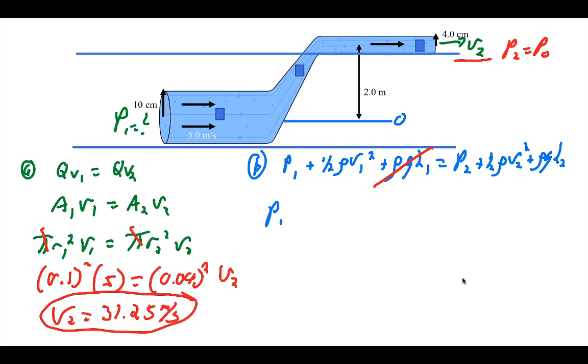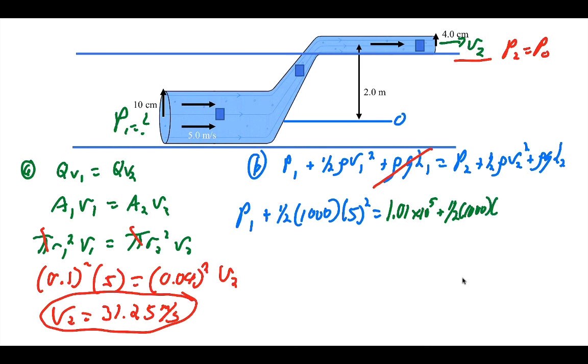Substituting in, I have pressure at 1 that I don't know. It's water, which is a density of 1,000. The velocity at location 1 was 5. Again, that height is 0 at location 1. Then at location 2, the pressure there is atmospheric pressure, 1.01 times 10 to the 5th pascals, plus 1/2 density of 1,000. The velocity I found was 31.25, plus now density of 1,000, gravity's 10, and a height of 2 meters.